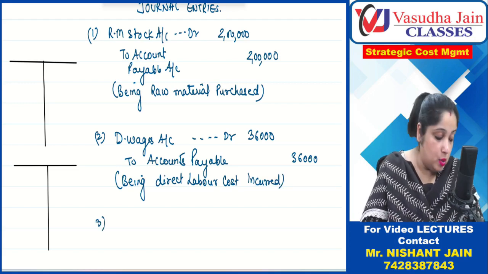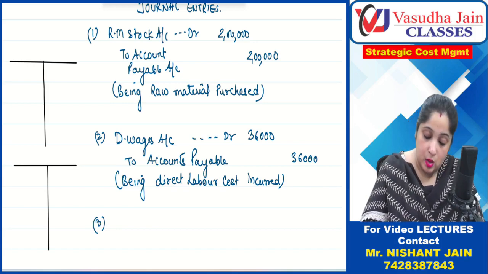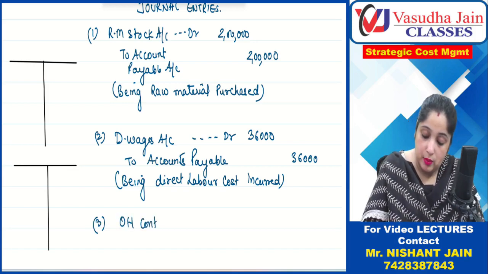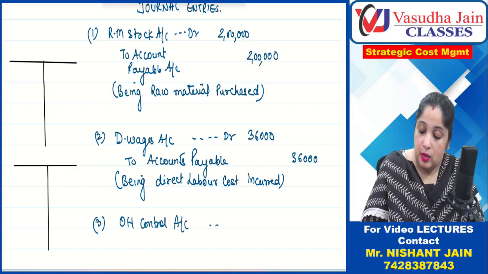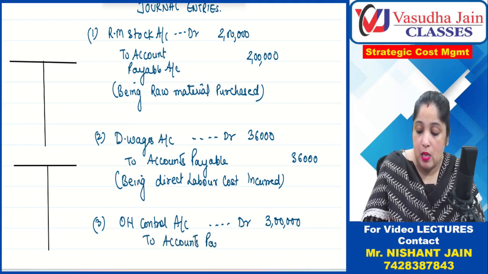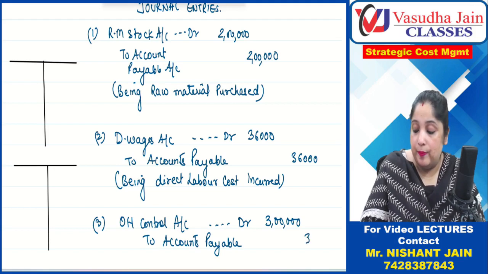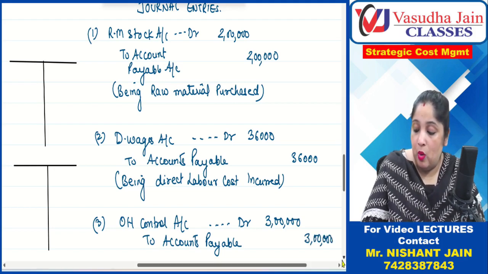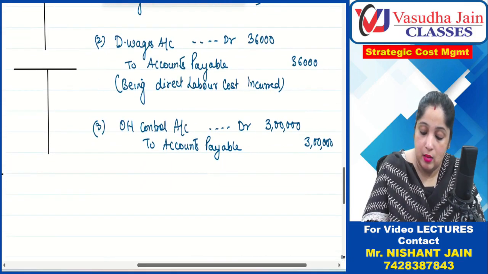Okay. Third is overheads. Overhead control account. You can also simultaneously start writing with me. To accounts payable 3 lakh, right? And below we can write the narration.